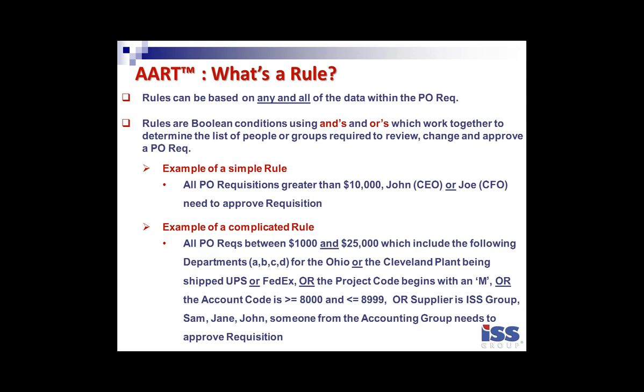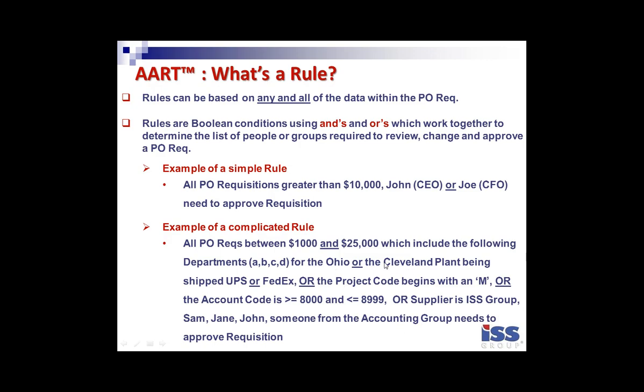But rules could also be very complicated, such as all PO recs between 1,000 and 25,000 for the following departments, for the following plants being shipped UPS or FedEx, or Sam, Jane, John, and someone from the accounting department needs to approve.